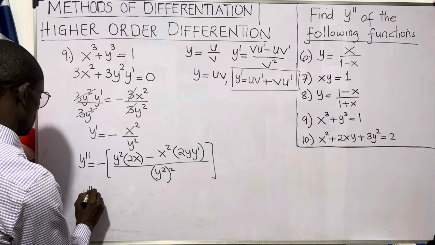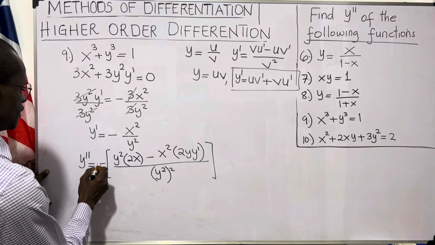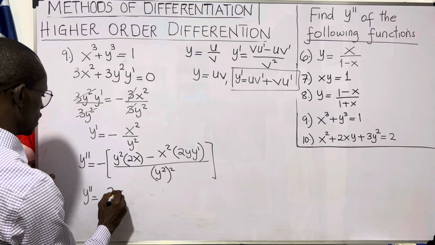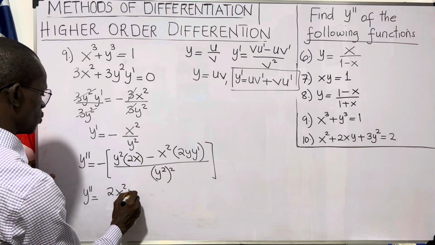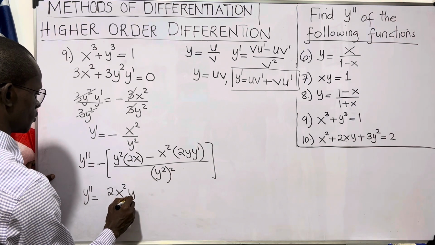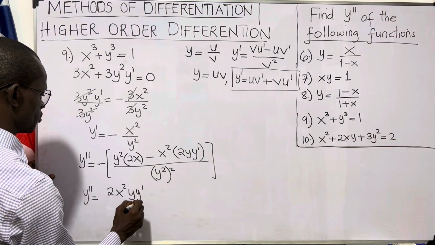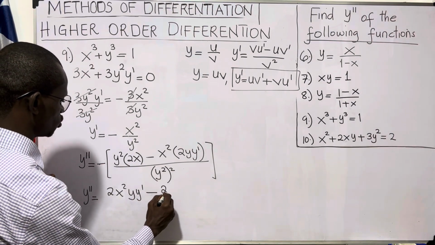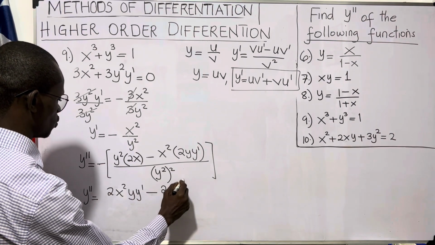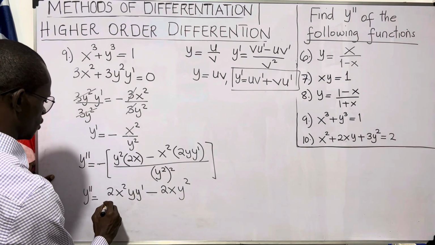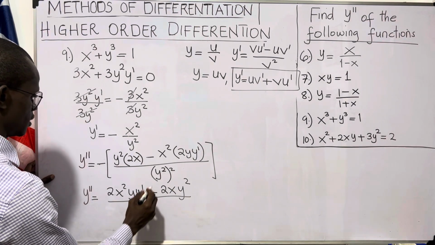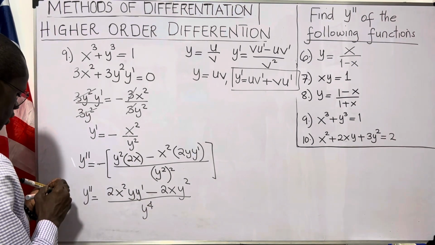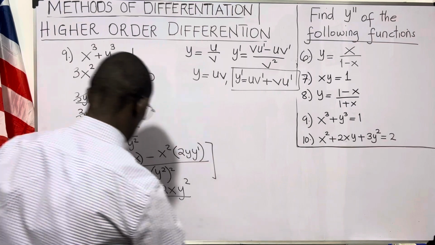So we can simplify now. So y prime prime equals, now this negative times this negative will give us positive. So we can have 2x squared y prime, and then this time this will give us negative, so it's 2x y squared, all divided by y to the power 4. Now we can simplify it further.